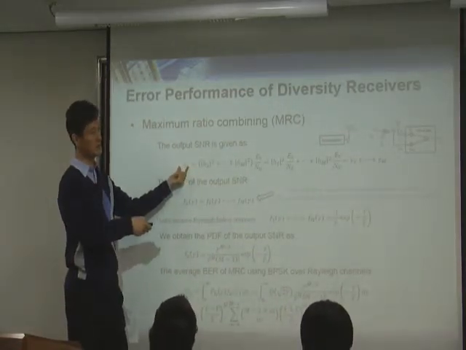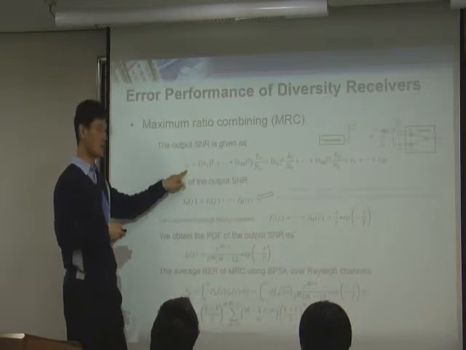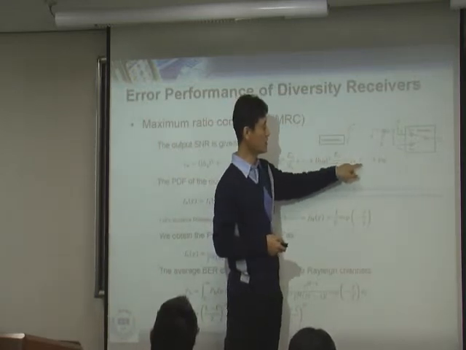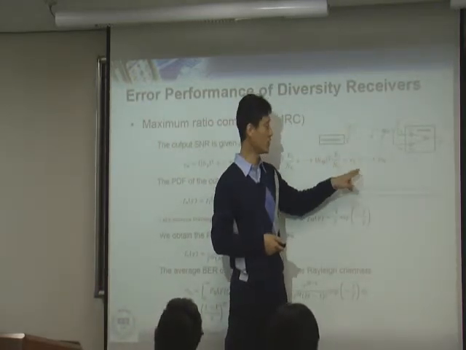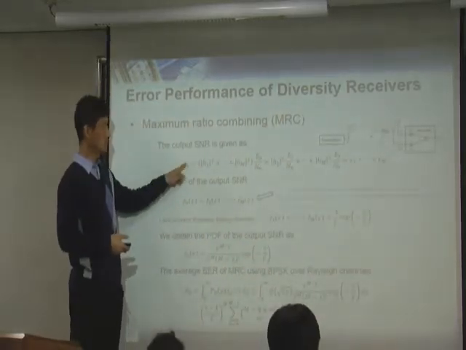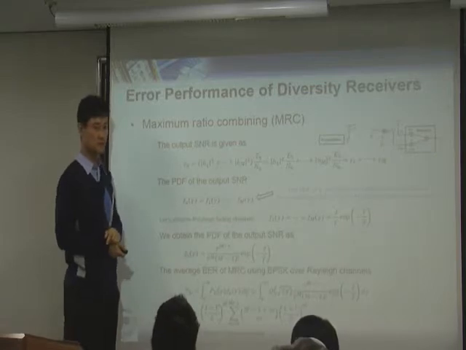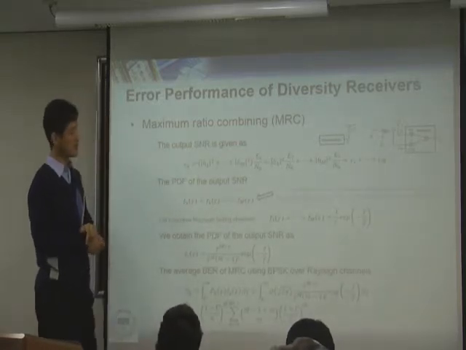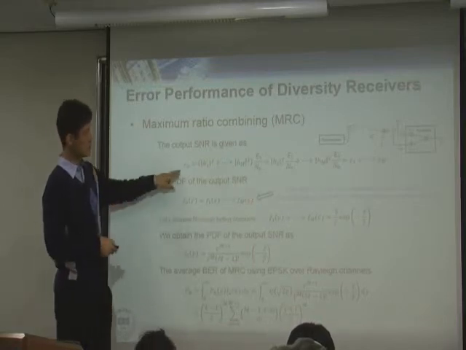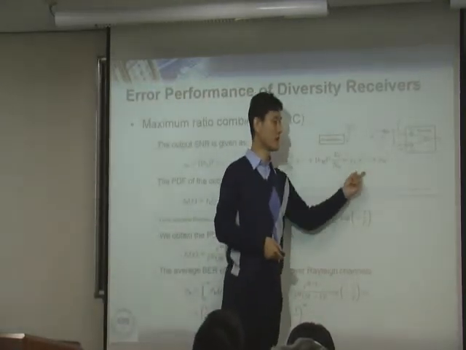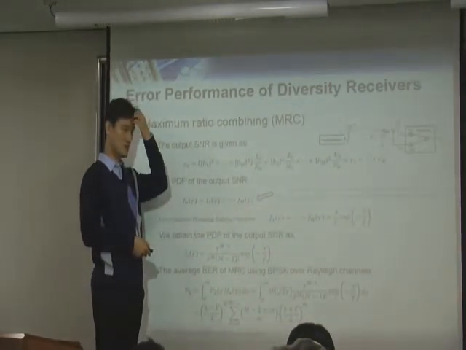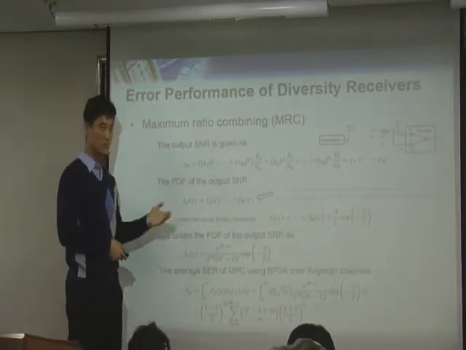Suppose that you know the PDF of each one. What happens to the PDF of the new random variable? That's going to be the convolution. Addition of random variables corresponds to the convolution of all the PDFs. You probably know that, right?